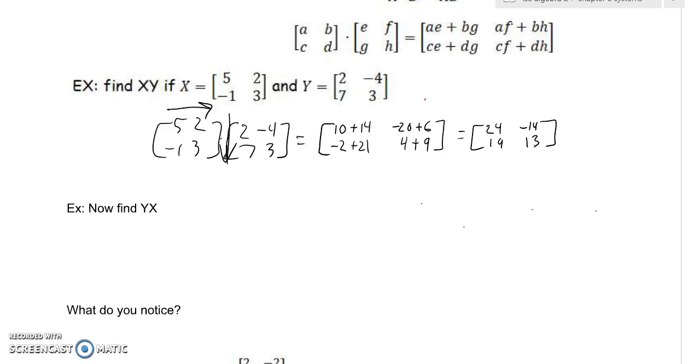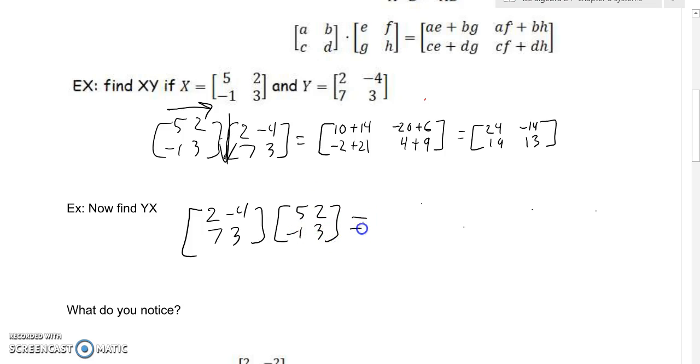So let's multiply y times x. [2, -4; 7, 3] times [5, 2; -1, 3]. We're going across this one and down this one. So we have 2 times 5 is 10.